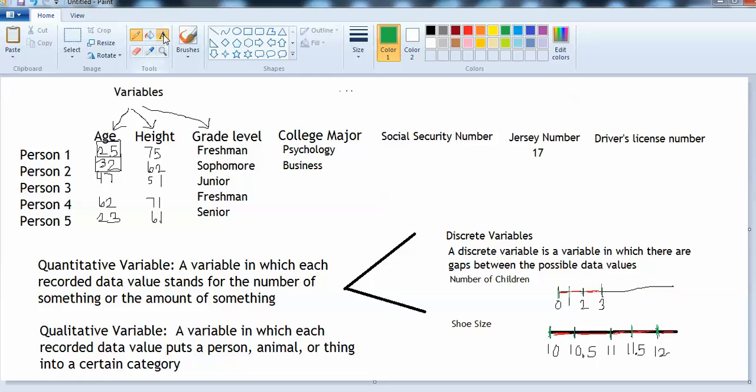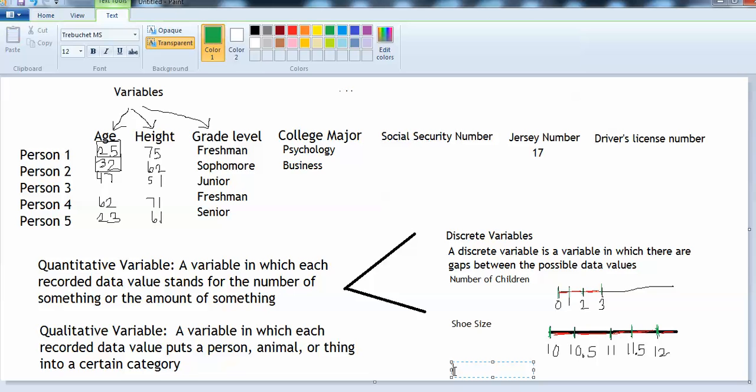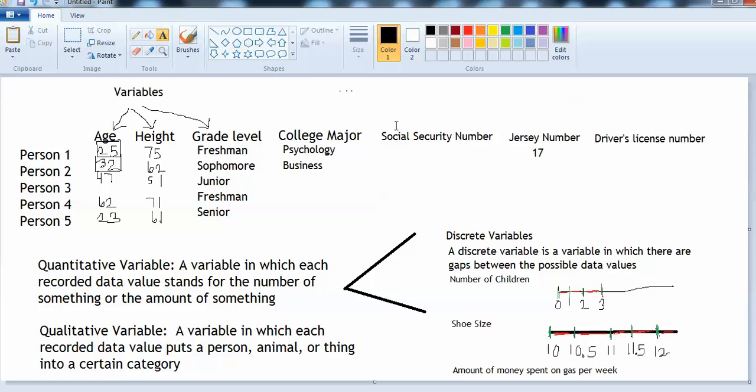Anything that deals with amounts of money is also discrete. Let's say the amount of money spent on gas per week. That's what we're asking people now. What are the possible data values?